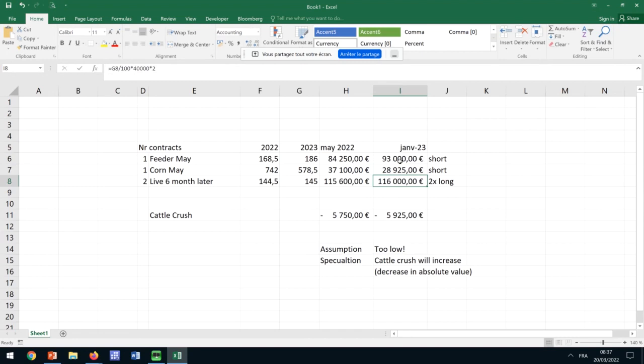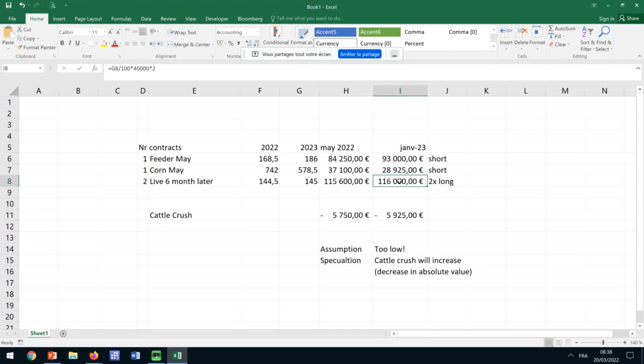If things work out as we expect, indeed, the farmers will find that it is not profitable enough to raise cattle, and they will therefore stop buying feeder cattle and stop buying corn, and that should drive down these prices. And there will be fewer live cattle arriving on the market, and therefore McDonald's have to pay a higher price for their live cattle, so live cattle prices will increase.